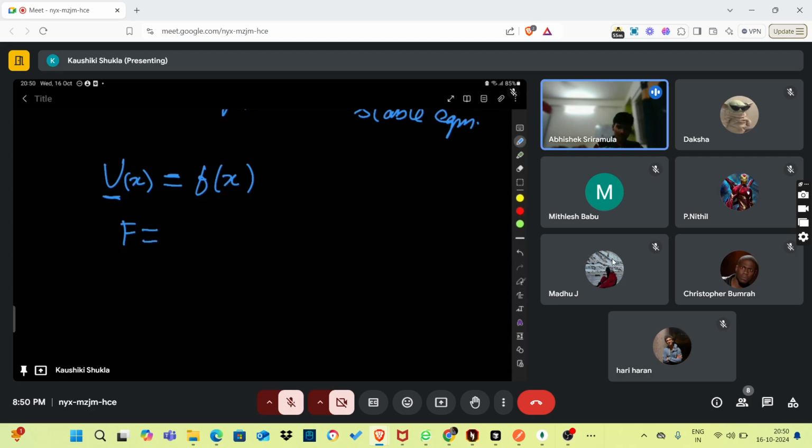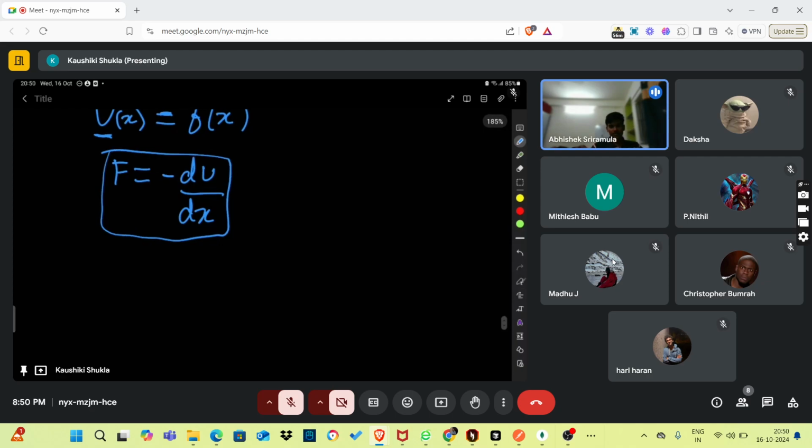So for that, let me tell you, force is the negative of change in potential energy, external force. You remember this formula. Force is the negative of change in potential energy with respect to the dependent function. So depending on what the force is, we can calculate the stable or unstable equilibrium.